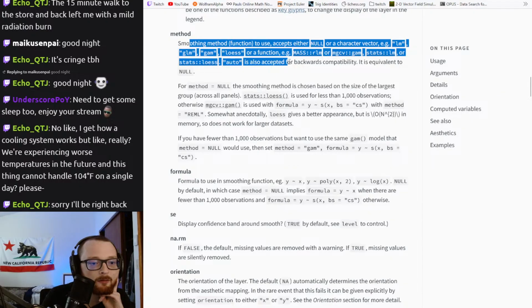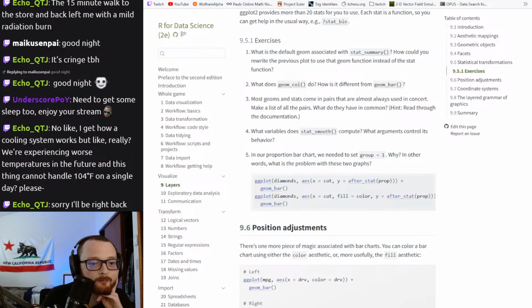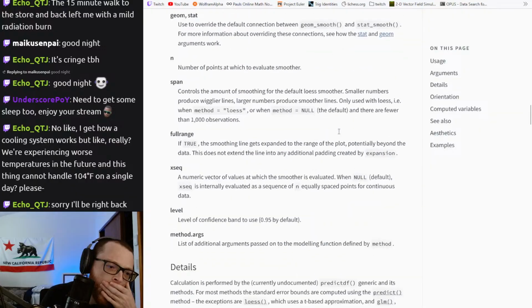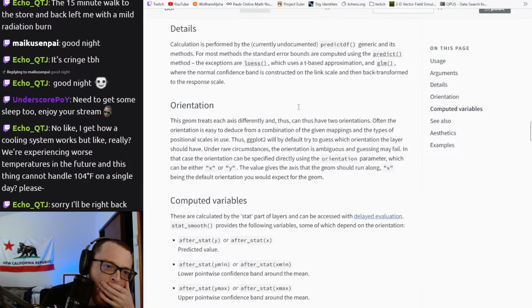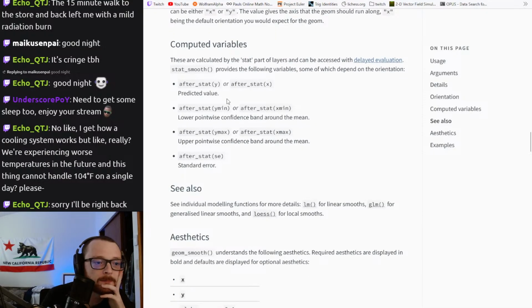I guess it calculates whatever method gives, like loess. Oh, here we go. After_stat y or x, after_stat ymin or xmin, after the confidence bounds, and the standard error. Okay.